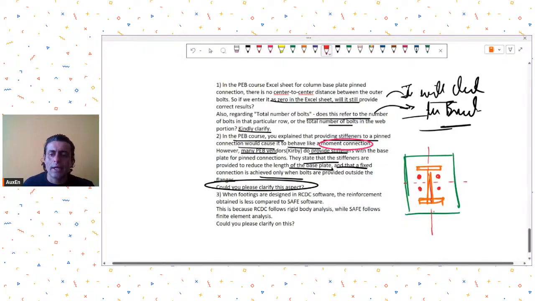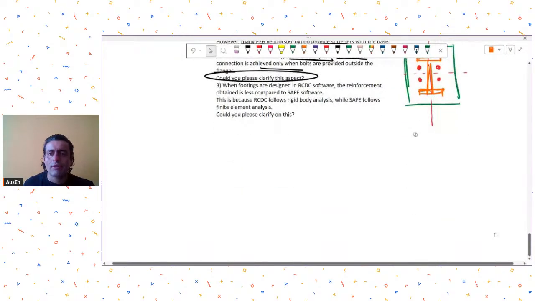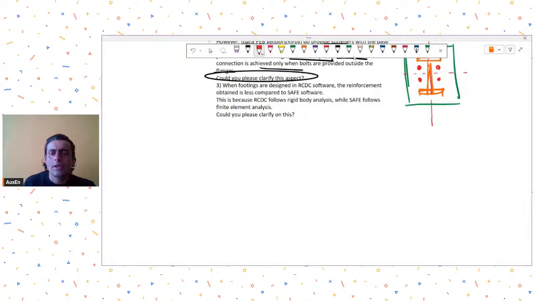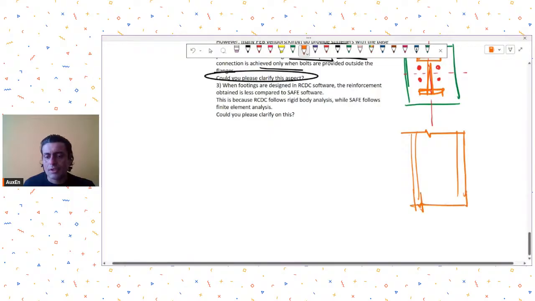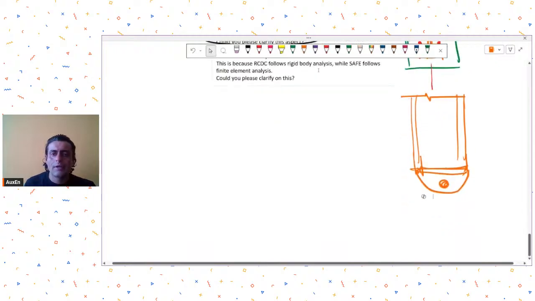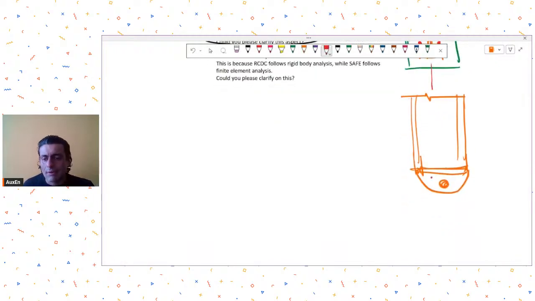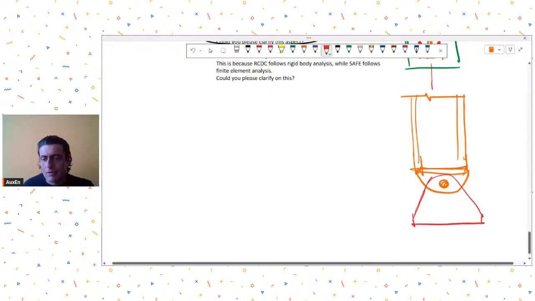Okay. An ideal pin would have been if I were able to provide an actual pin, which would look something like this. Let's say this was my column in side view, and if I was able to somehow provide an actual pin like this, some element like this would have been an actual pin.